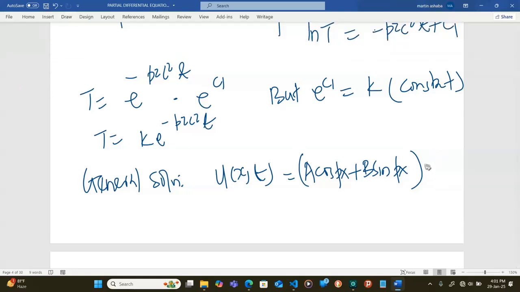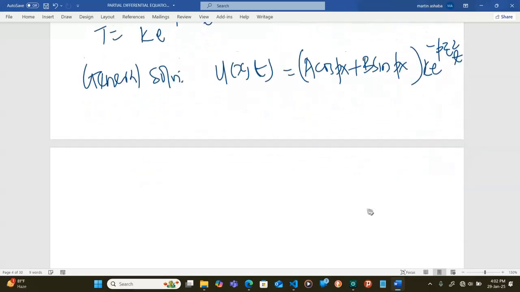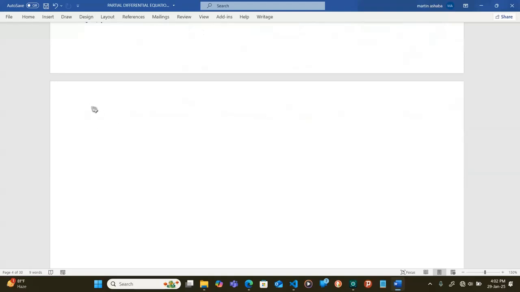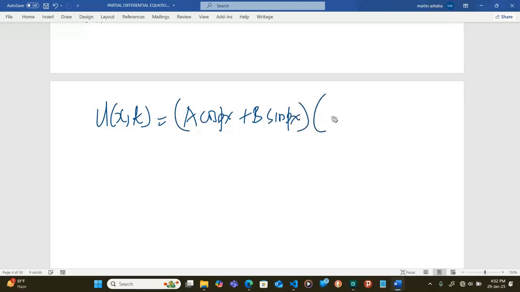This is going to be k exponential of negative p squared c squared t. So from here, I need to apply boundary conditions. I have u(x,t) equal to a cos px plus b sine px, and we are multiplying it by k exponential of negative p squared c squared t.